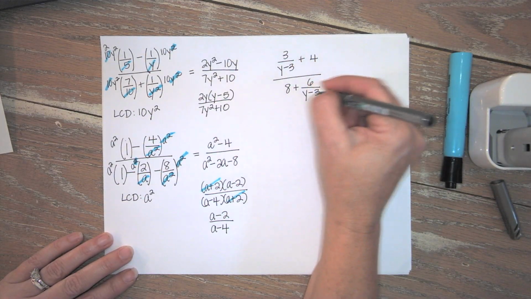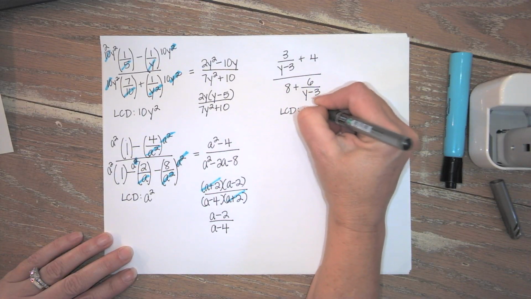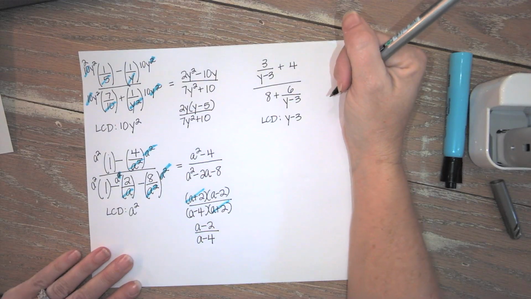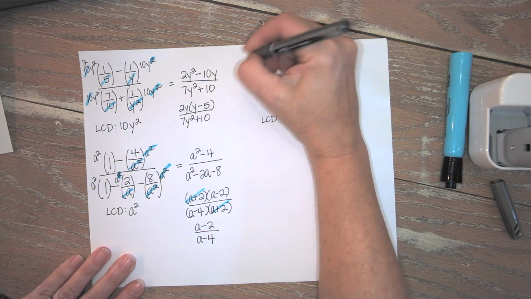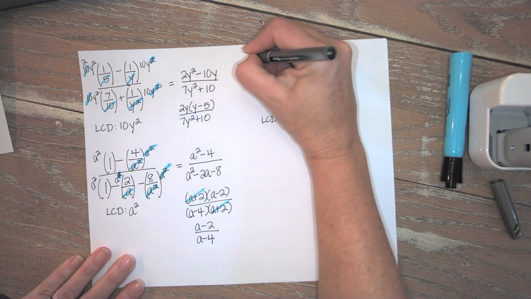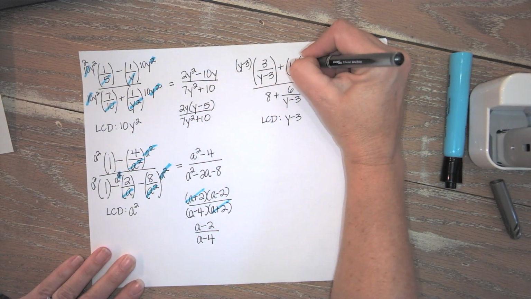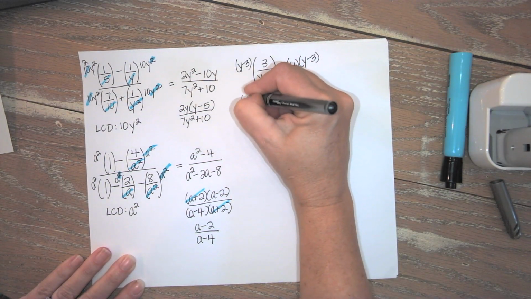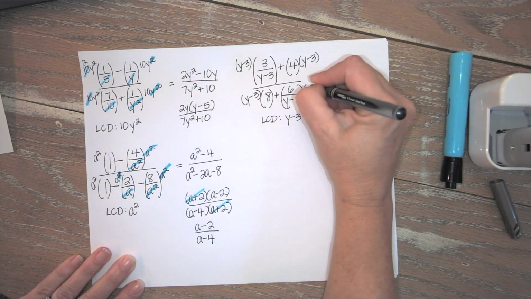They both have the denominator y minus 3, so that's going to be our common denominator. It's a binomial this time. We haven't had one like this. You do it the same way. You're going to multiply everything by that binomial. I like to keep it in parentheses since it's a binomial, just so I don't forget.